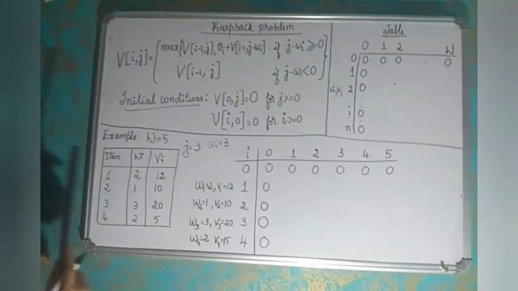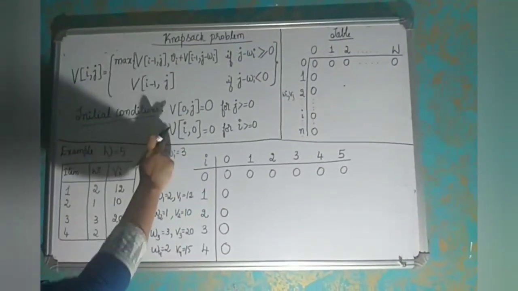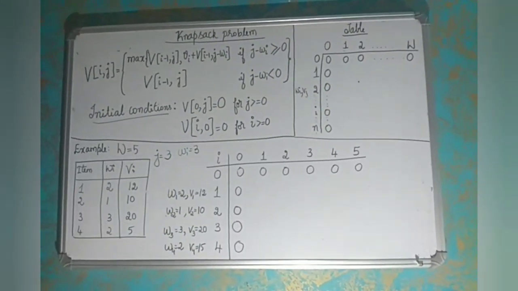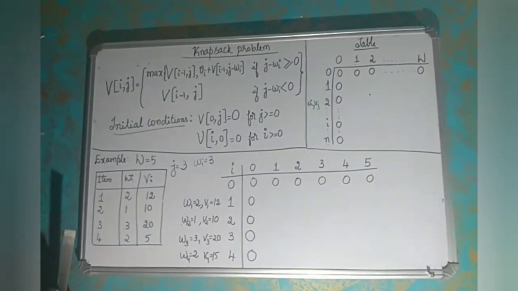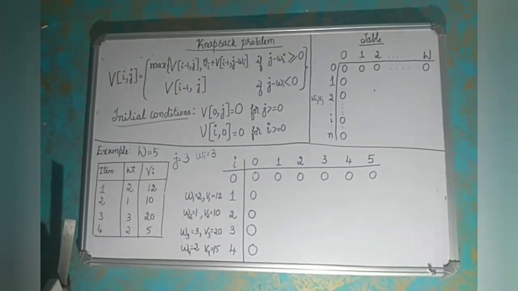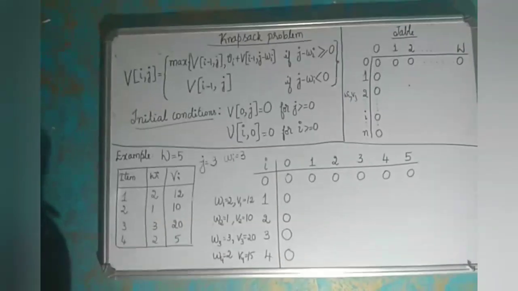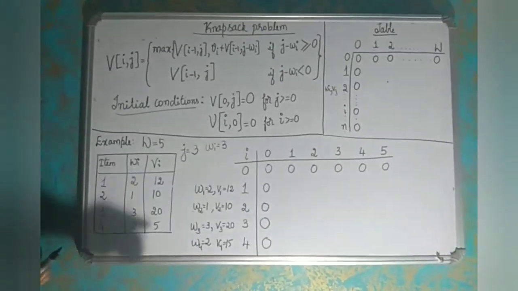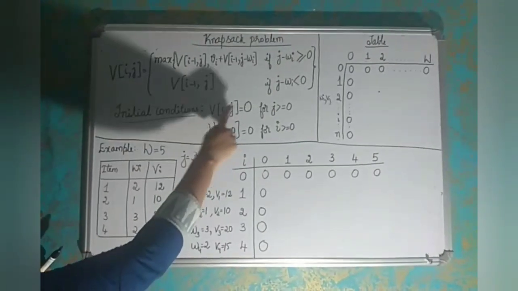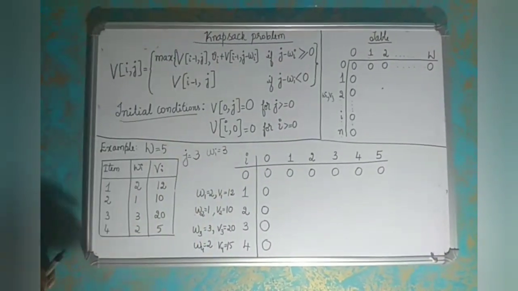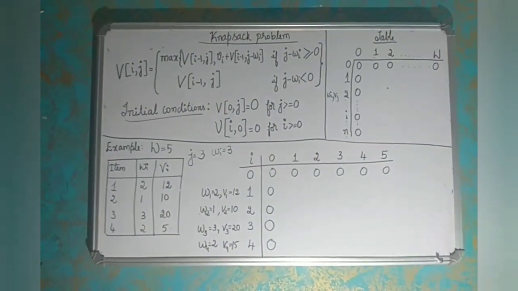What does the initial condition say? V of 0 comma j is equal to 0. Whatever the value of the column, if the row is 0, then the value is always 0.